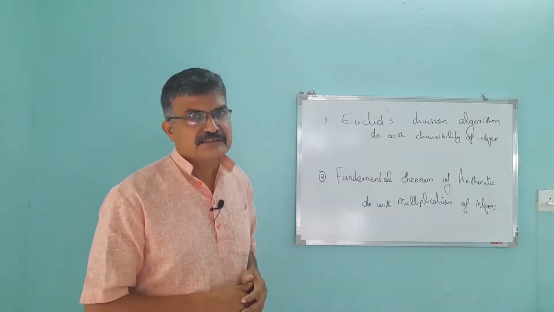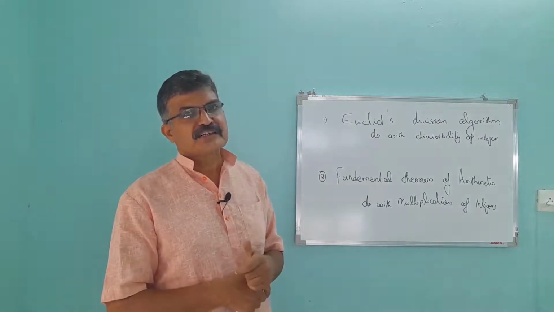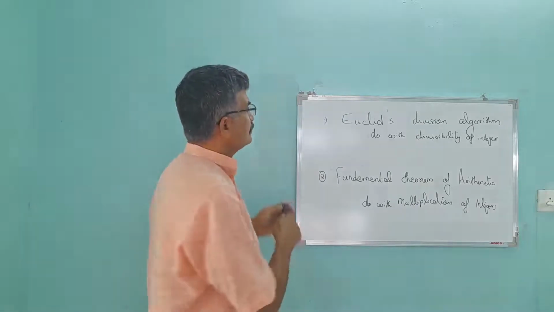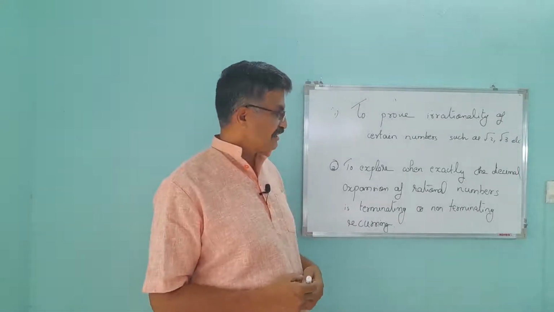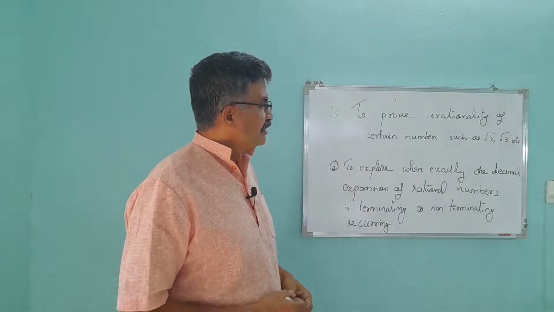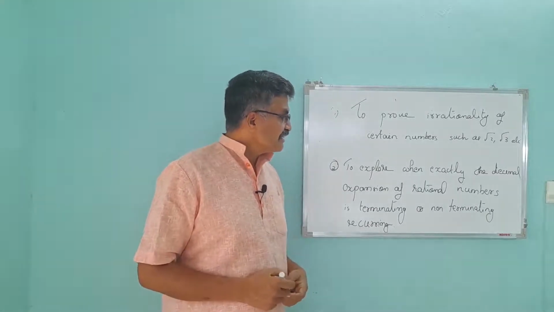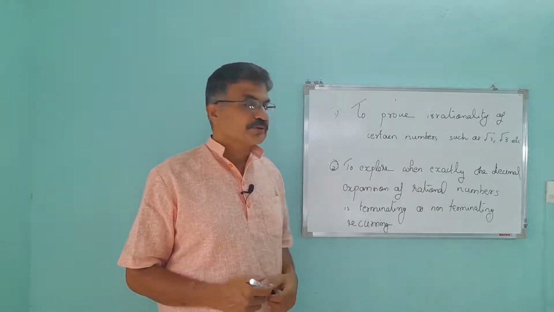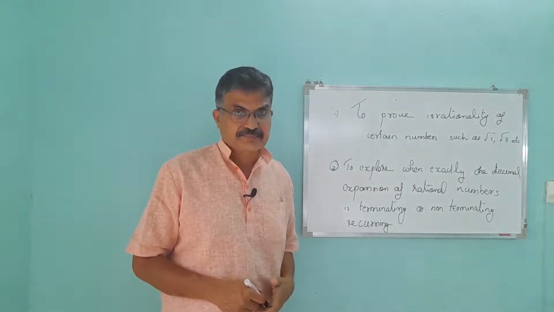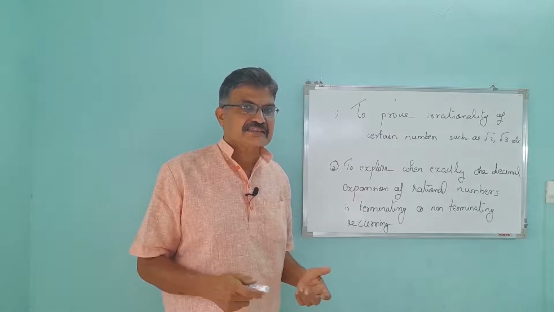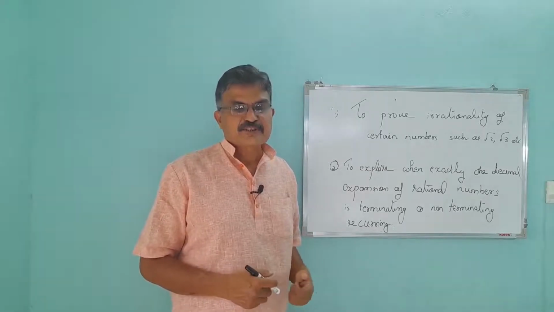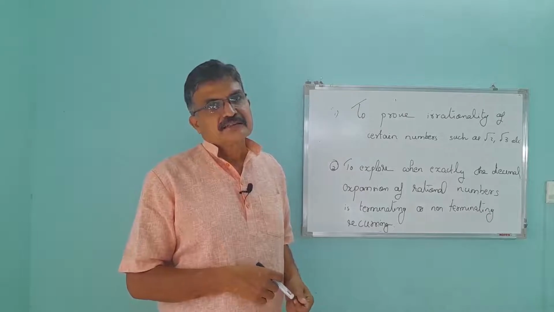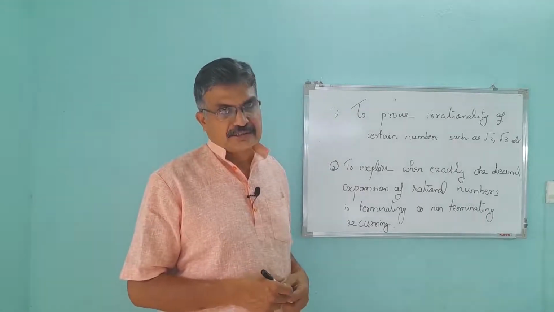In this chapter, we use the fundamental theorem of arithmetic to prove two important properties. One, the irrationality of certain numbers, and second, to explore when exactly the decimal expansion of a rational number is terminating or non-terminating recurring. We have seen that the decimal expansion of rational numbers is either terminating or non-terminating recurring.